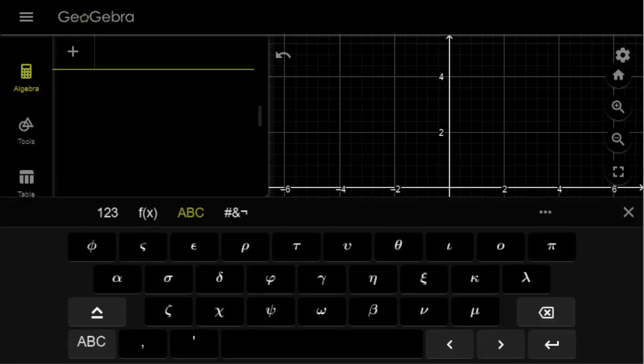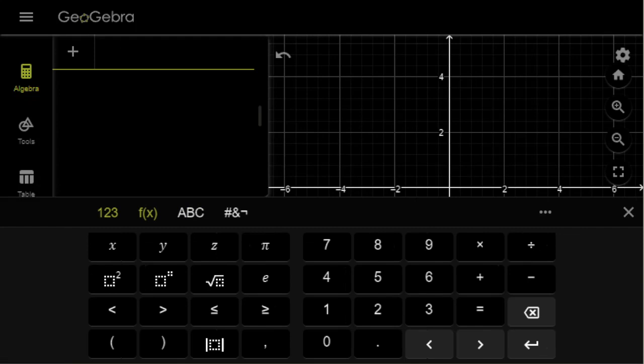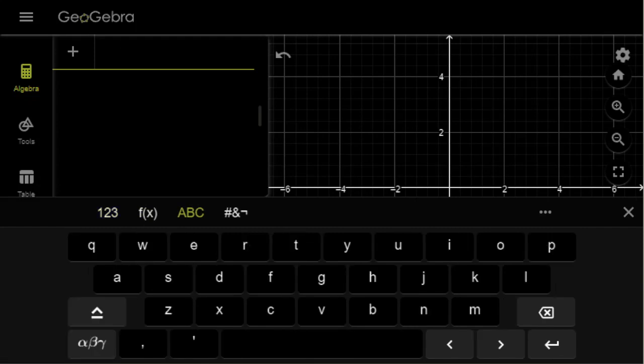If I go ahead and click on that, it brings up this window. And depending on where you are, it can take a little bit of finding to get to what we need. But specifically, I want to go into the alphabet menu, ABC, and then notice at the bottom here is Greek letters alpha, beta, gamma, and you can go in there to get your Greek characters.